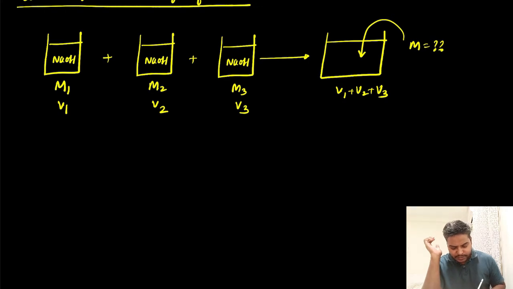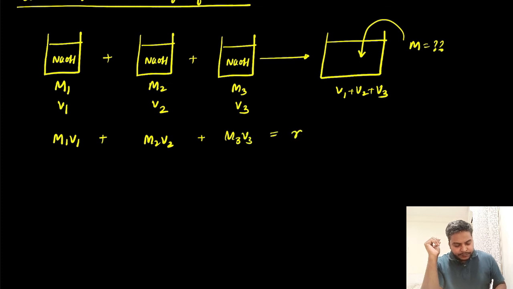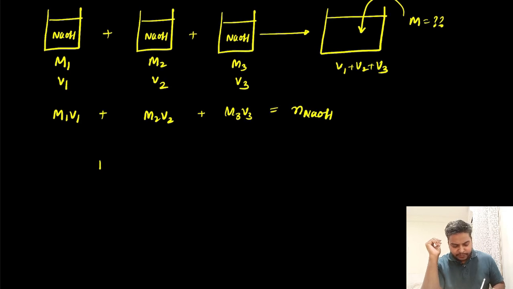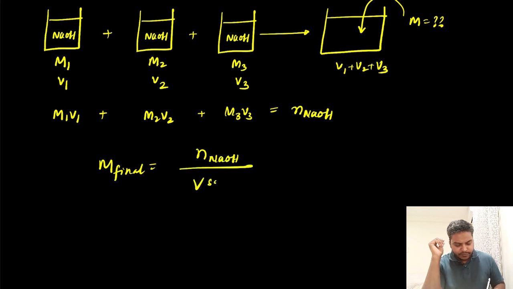So here we can say that M1 V1, which is the number of moles of NaOH, plus M2 V2 and M3 V3, gives the total number of moles of NaOH. So molarity final will be equal to total number of moles of NaOH divided by volume of final solution.